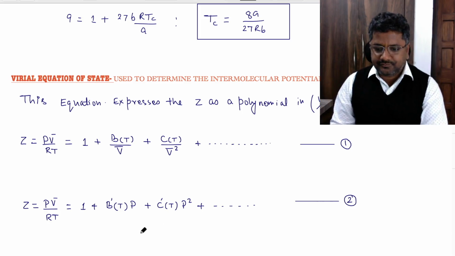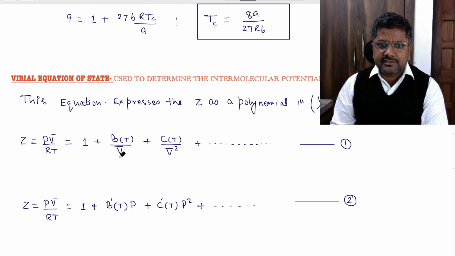So the basic, fundamental equation is this one. This equation is derived from this. So B and B dash, see here what is the meaning of writing T here.